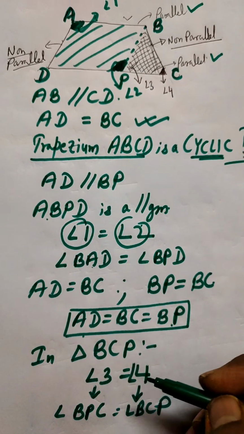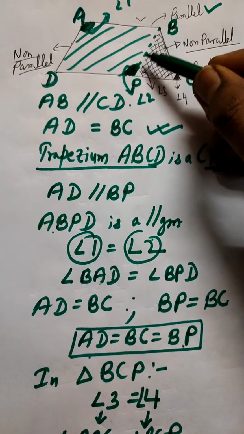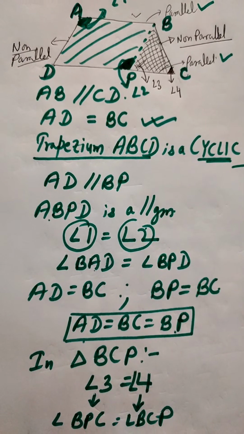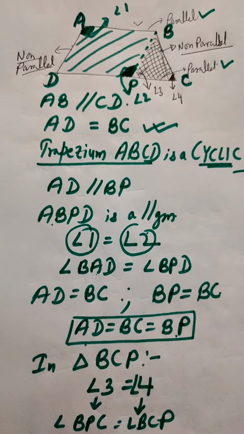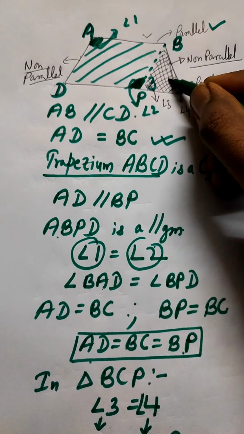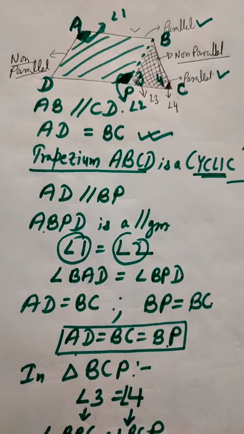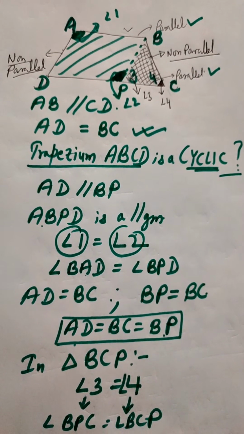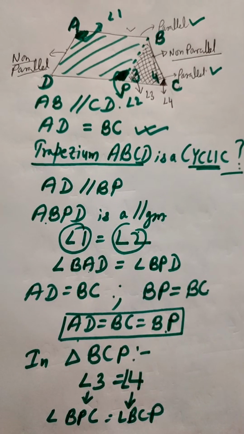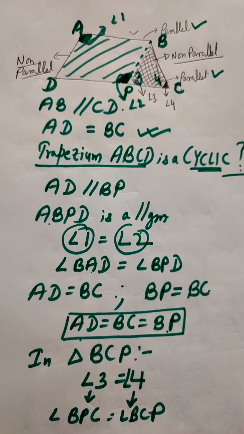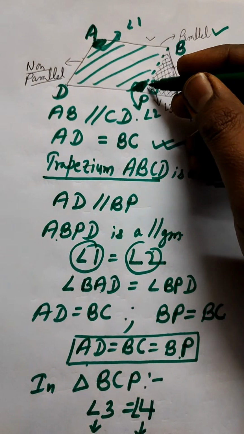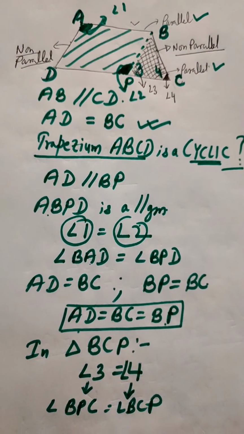As I said, the angles opposite to the equal sides of a triangle are always equal. So that's why angle 3 is equal to angle 4. I am using the nomenclature of angles as 1, 2, 3 and 4 so that it will be easy to understand what is exactly happening, and clear to memorize, right?